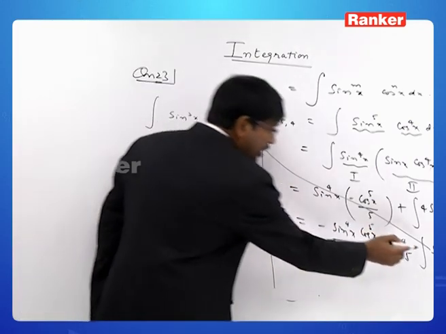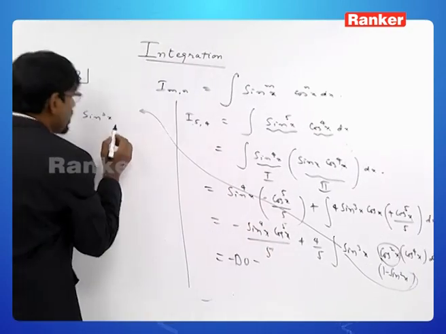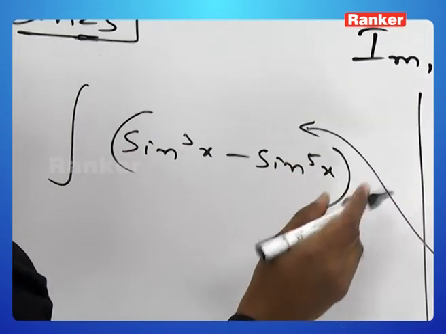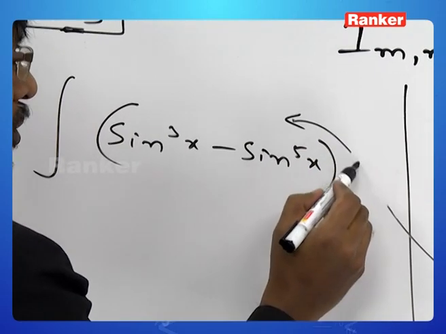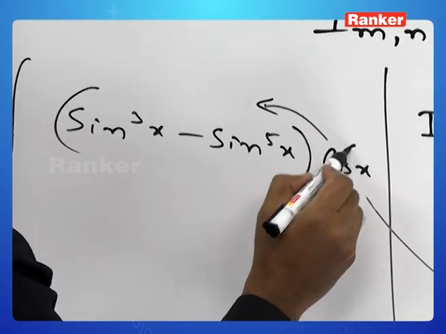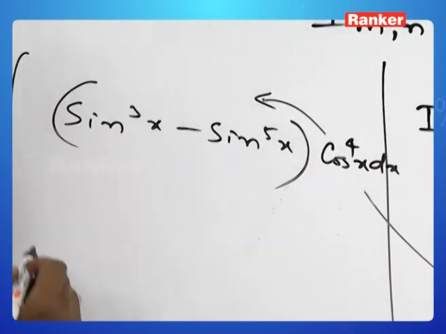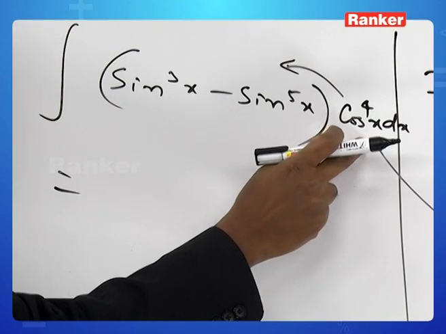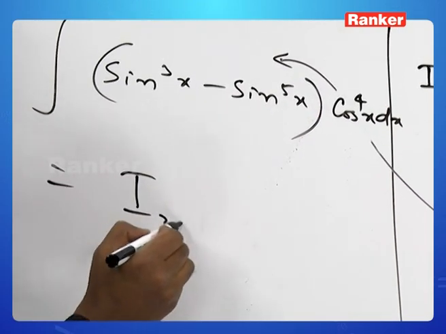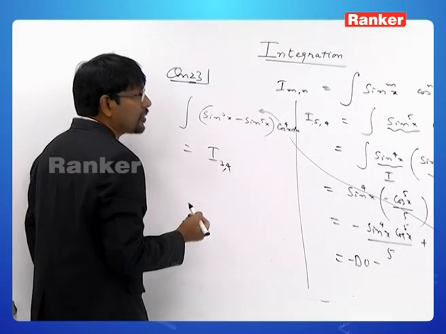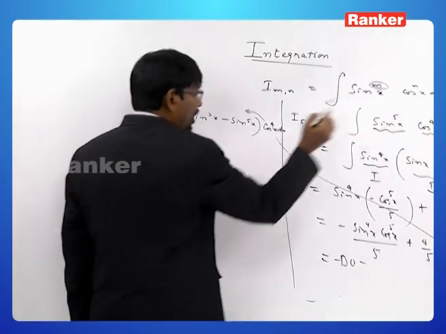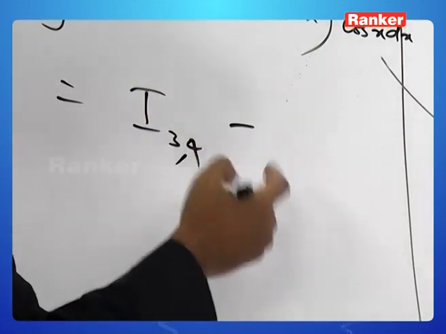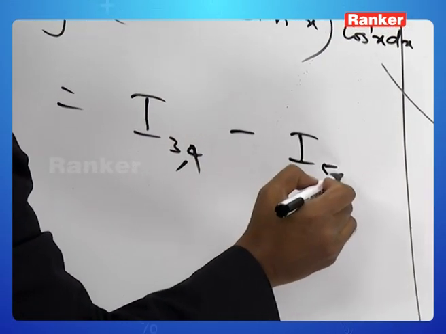I am taking it inside the bracket, sin cube x minus sin power 5x into cos x power 4 dx. So now this sin cube x into cos power 4x is I 3,4, because m is 3 and n is 4 there, minus, what about here? This is I 5,4.